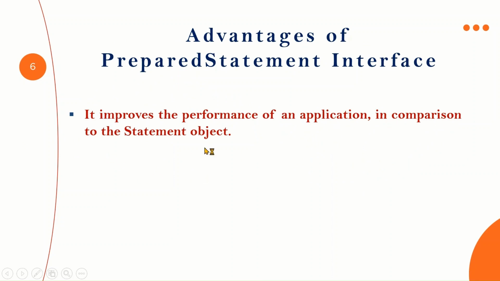That's what I was giving as an example earlier in this lecture: if you take 1,000 records to be inserted with the normal statement, we need to write the insert query 1,000 times, and at the time of the insert query you need to give the values also. So one query takes 2 operations, and 1,000 queries take 2,000 operations.